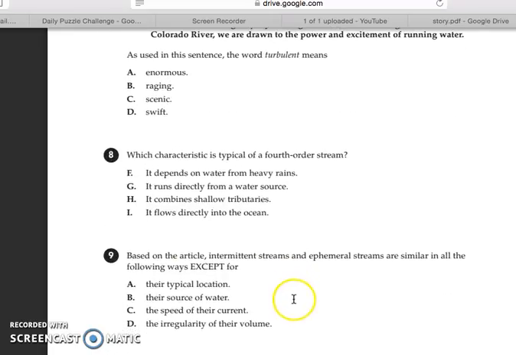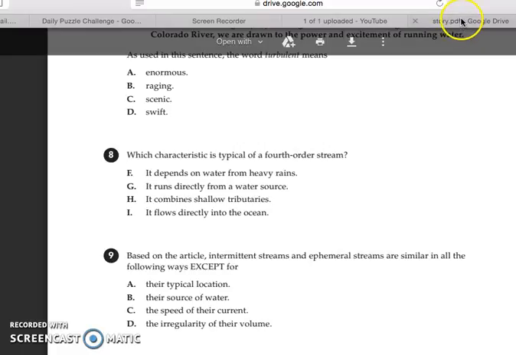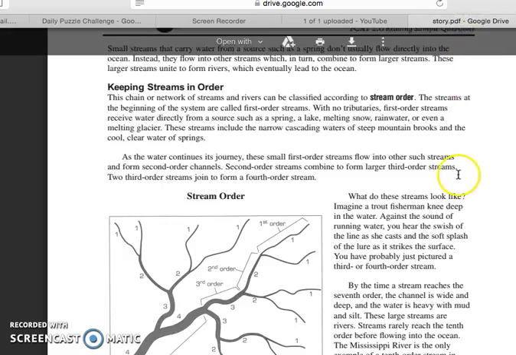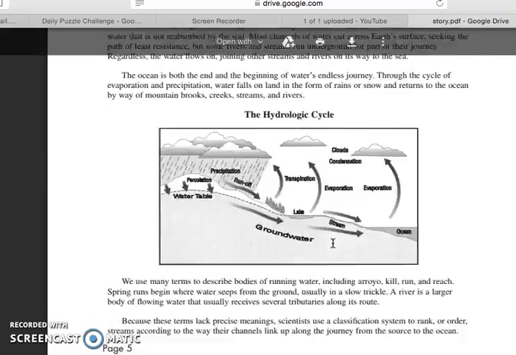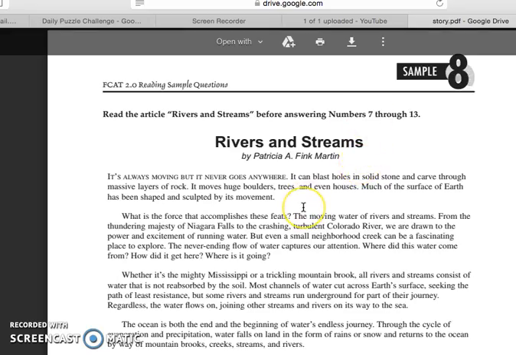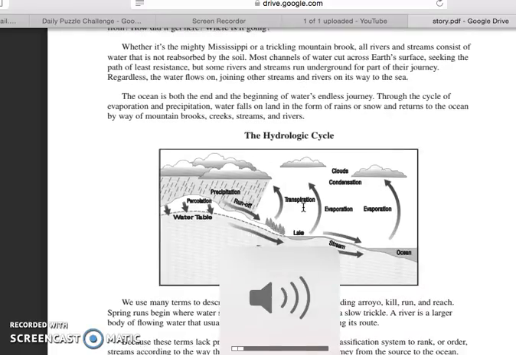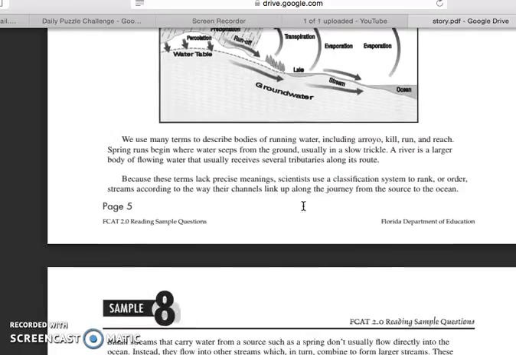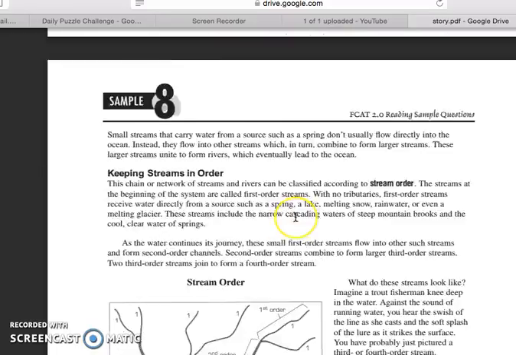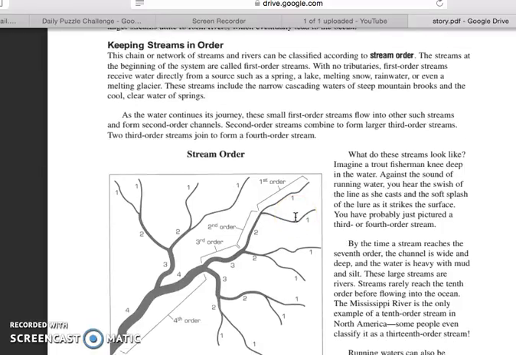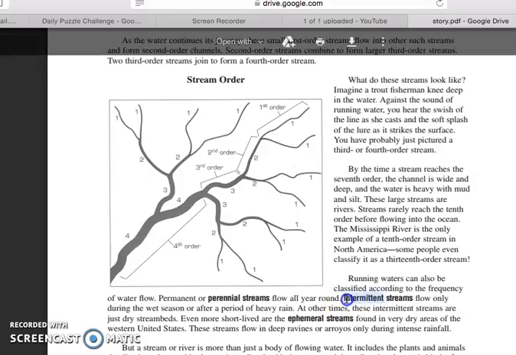Now we're going to go to number 9. Based on the article, intermittent streams and ephemeral streams are similar in all the following ways except for, so we're going to look for the intermittent and ephemeral streams. I can't pronounce that. Okay, ephemeral. So we're going to look for that now. If we look right here, they flow only during the wet season or a period after heavy rains.